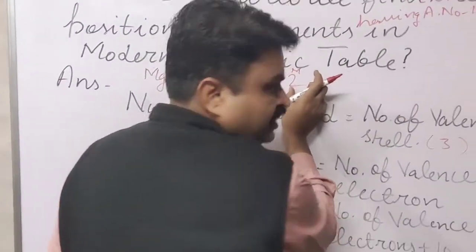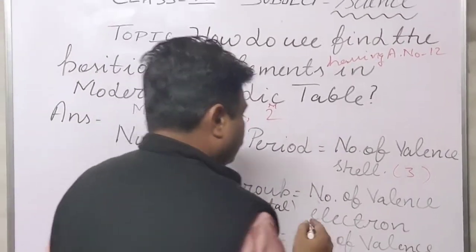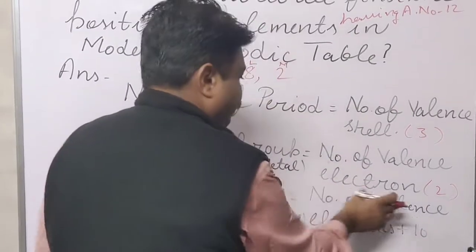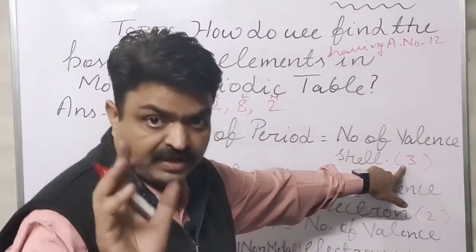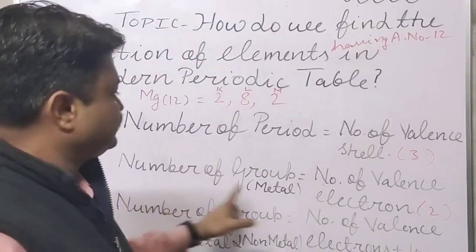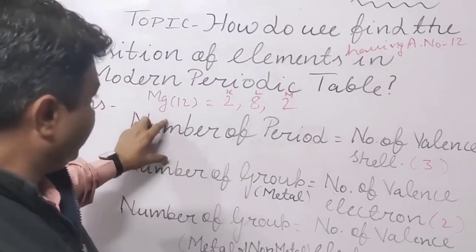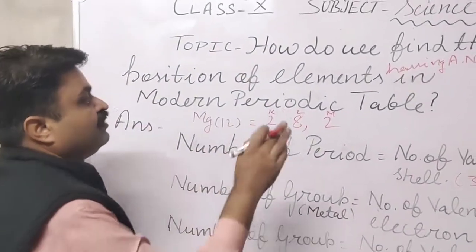In the outermost shell how many electrons are there, student? There are 2 electrons. So its group is second. It means magnesium's period is third and group is second. So with the help of this trick we know the position of the element like this.